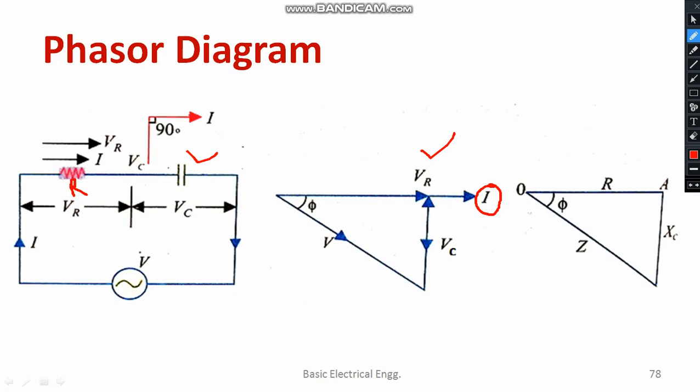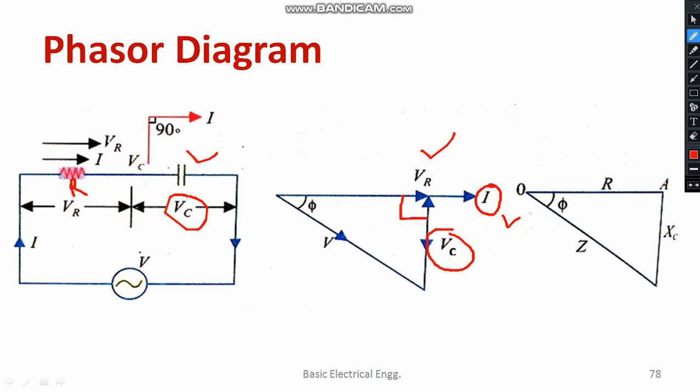VC means voltage across the capacitor. As I told you, compared to current, the capacitor voltage is lagging. Am I right or not? Therefore, you can mark it like this. This is your current through the capacitor, so it is better to draw the voltage across the capacitor like this. For the ideal case, we will be taking it as 90 degrees.